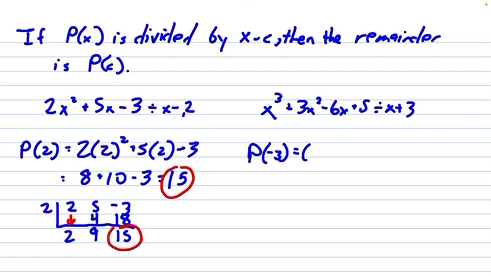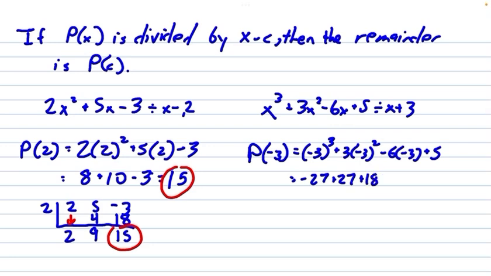So here we would use negative 3 cubed plus 3 times negative 3 squared minus 6 times negative 3 plus 5. Okay, negative 3 cubed would be negative 27. Negative 3 squared is 9 times 3, which is positive 27. Negative 6 times negative 3, which gives us a positive 18, plus 5. So our final answer would be 23.